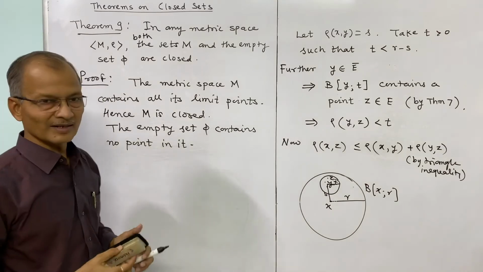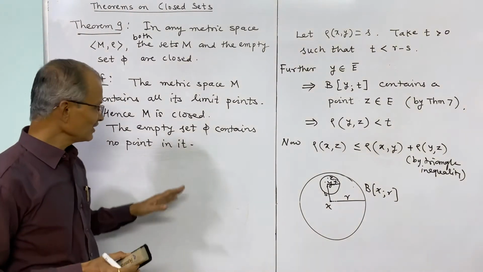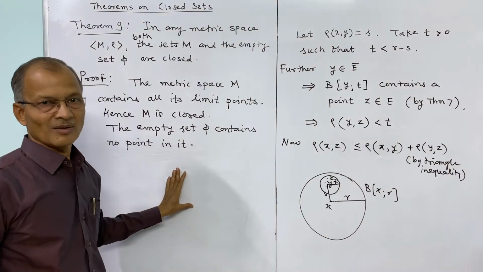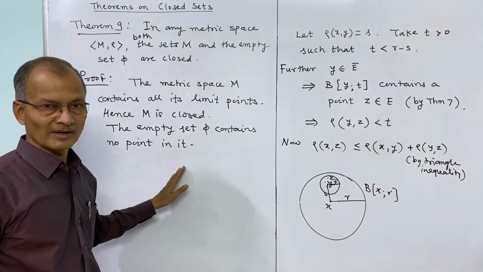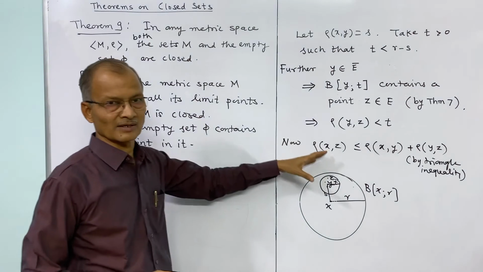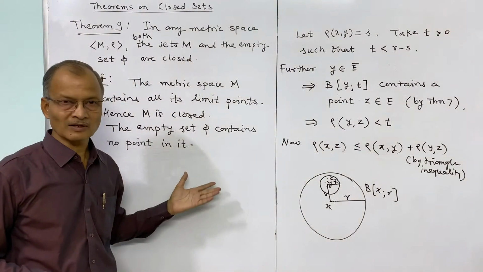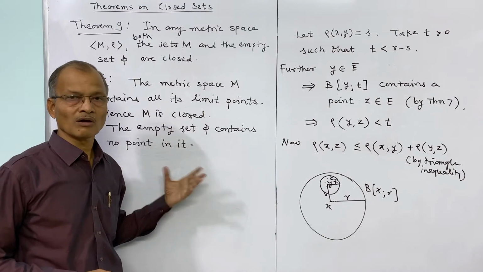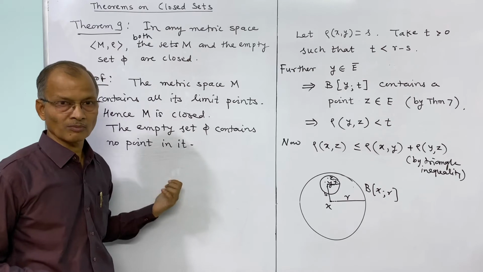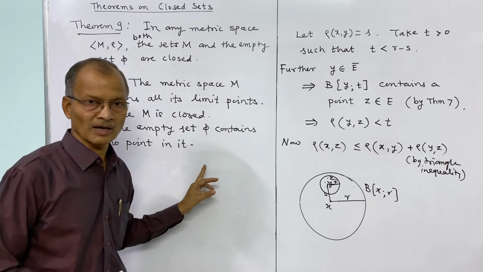There is no point in the empty set, and therefore we can say the empty set contains all its limit points, because there is no point in the empty set which violates the condition of a closed set or an open set. Therefore phi is said to be both open and closed. That is the simple reason why phi is open as well as closed.